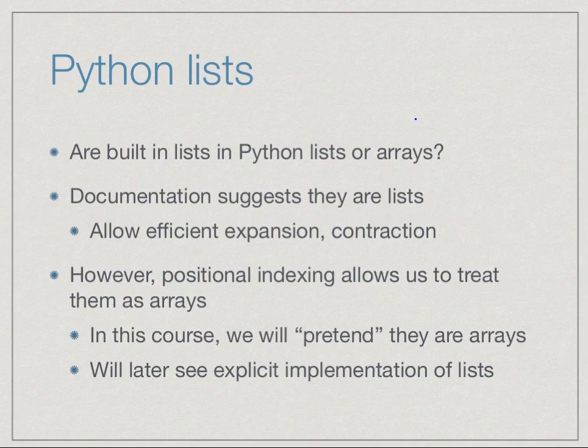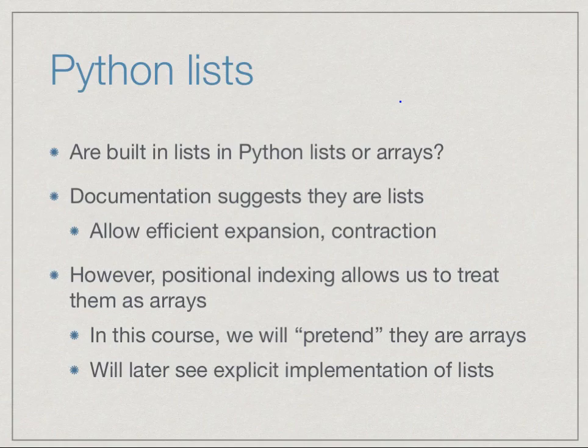So having discussed this abstractly, we are of course working in the context of Python. So the question is, are built-in lists in Python lists as we have talked about them, or are they arrays? Actually, the documentation would suggest, if you look at the Python documentation, that they are lists, because you do have these expansion and contraction functions. We saw we can do an append, or we can do a remove of a value, and so on. So they do support these flexible things which are typical of lists.